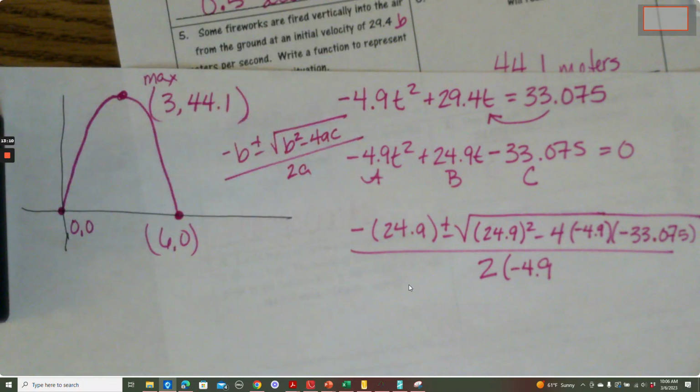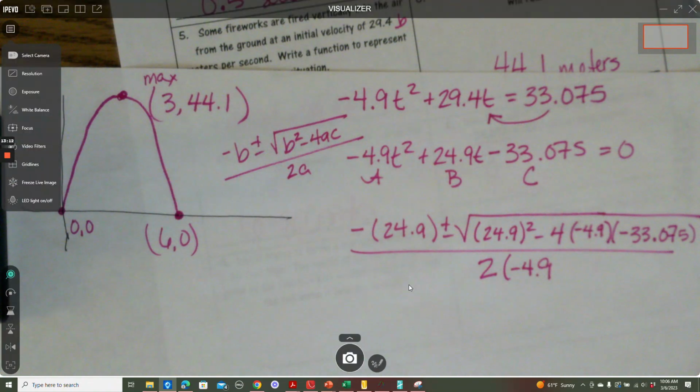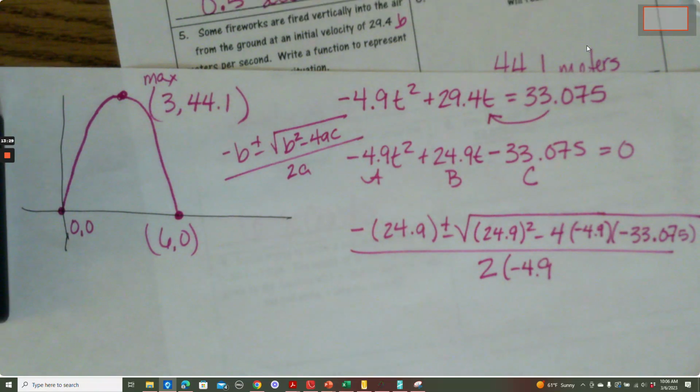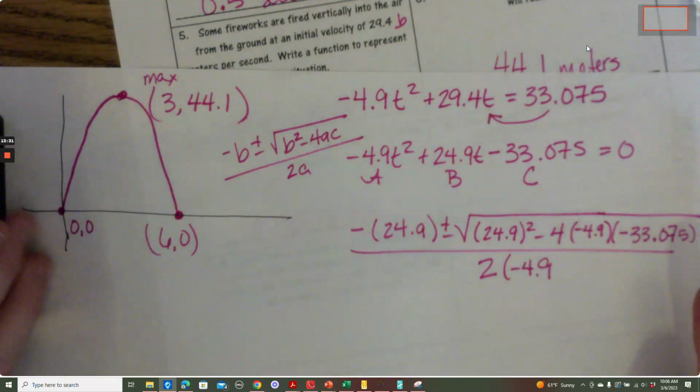And I'm off somewhere. You can type just the parentheses in when you're finding the discriminant, but this one should be a real solution. It shouldn't be a non-real solution. So I messed up somewhere, and I don't know where I messed up, which is never good, because then it throws y'all off.